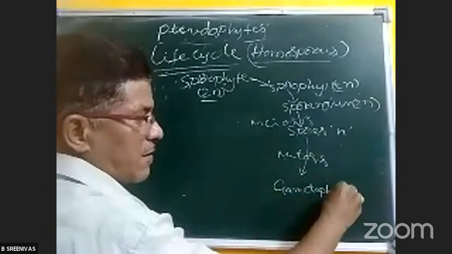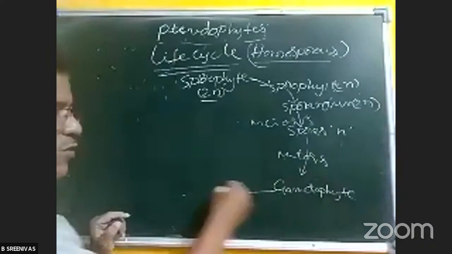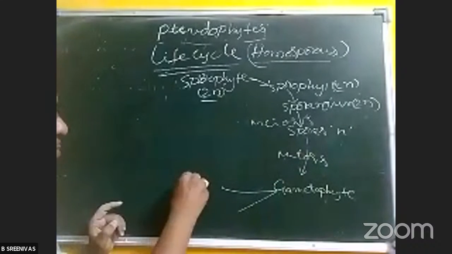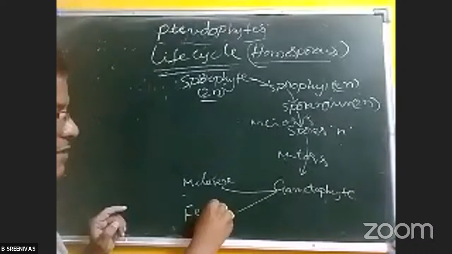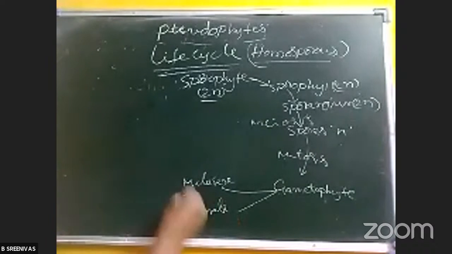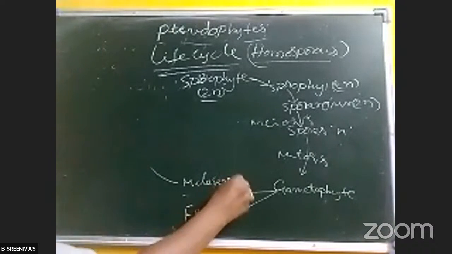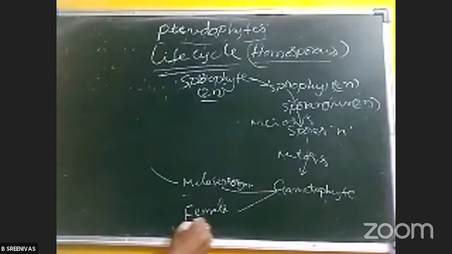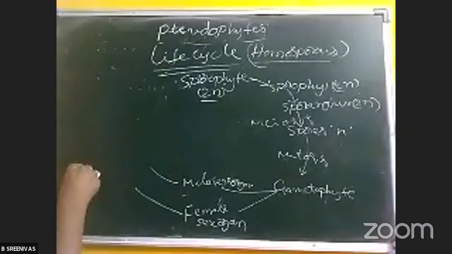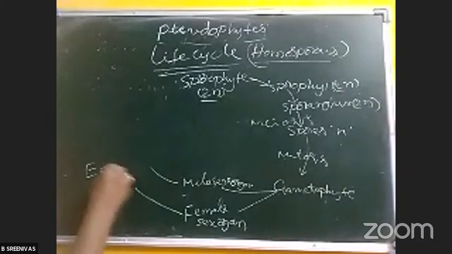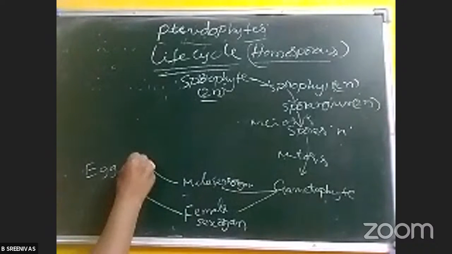In the gametophyte, male sex organs and female sex organs are present. The female sex organ produces egg cells and the male sex organ produces male gametes.